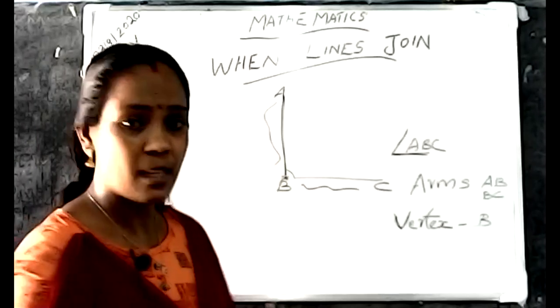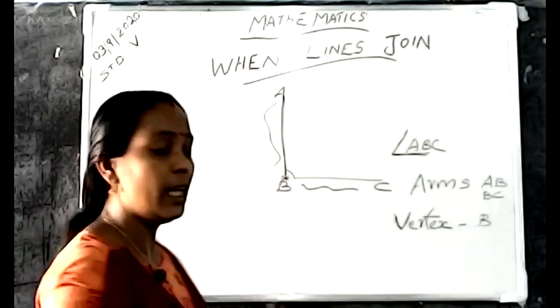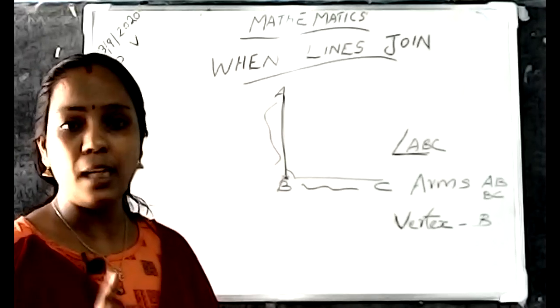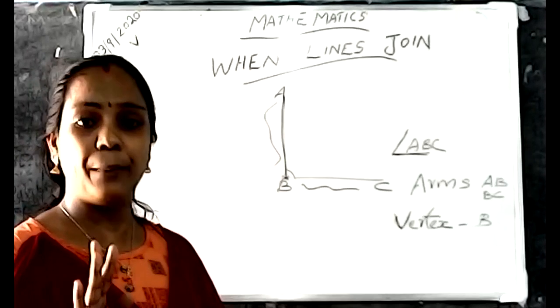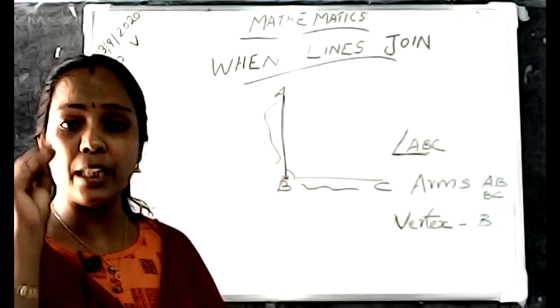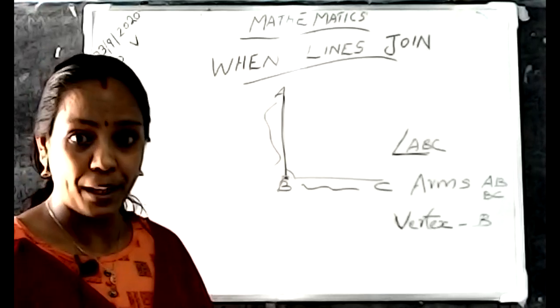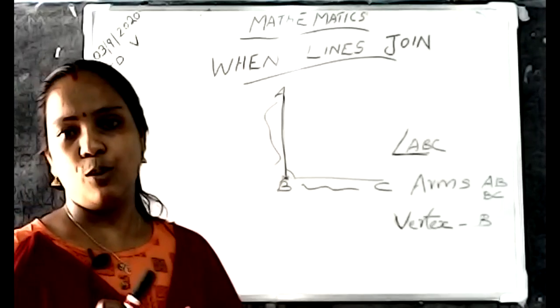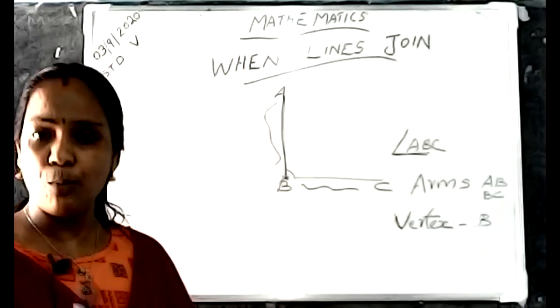Which are the lines? AB and BC. There are two lines, and those two lines are meeting at one point. Which is the point? B. That is called the vertex. What do you mean by angle?